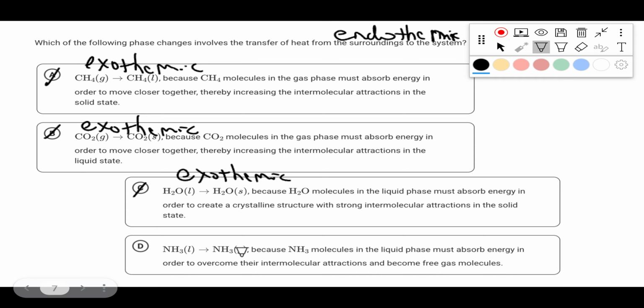I'm having to break the attractive forces this time between the liquid and the gas so the particles can freely move. And so my correct answer is going to be D, because this one is endothermic, because the ammonia or NH3 molecules in the liquid phase must absorb energy in order to overcome their intermolecular attractions and become free gas molecules. So D is going to be our correct response.